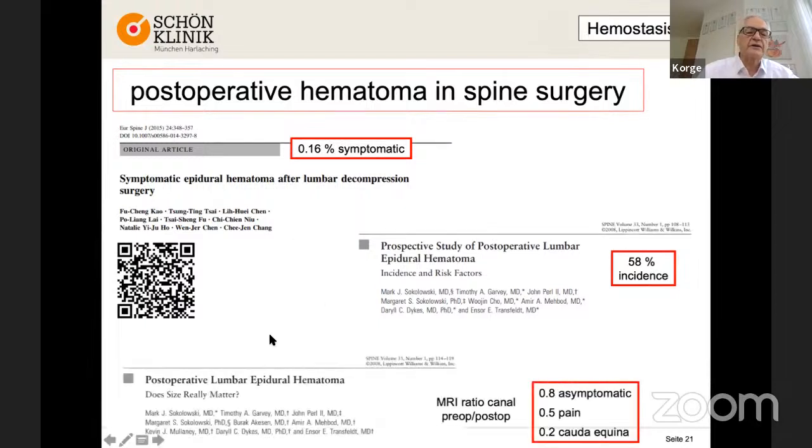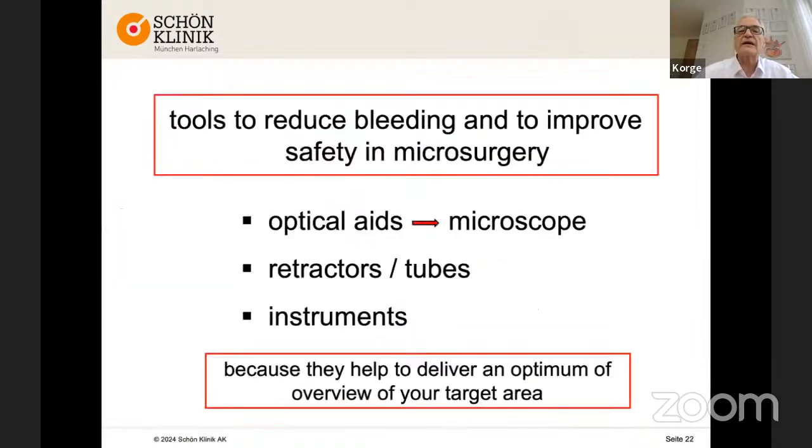And in another paper from this team as well, usually 80% are asymptomatic. He made a ratio between pre-op canal and post-op canal, and you could say if the diameter of the canal in a situation of an epidural hematoma is less than 20%, then you might have a problem with a cauda equina.